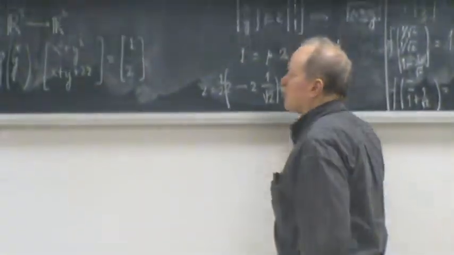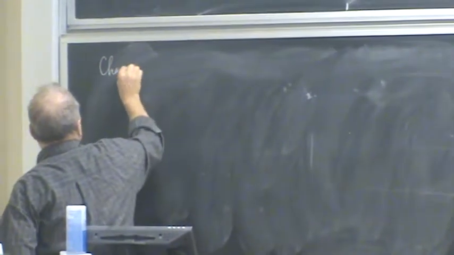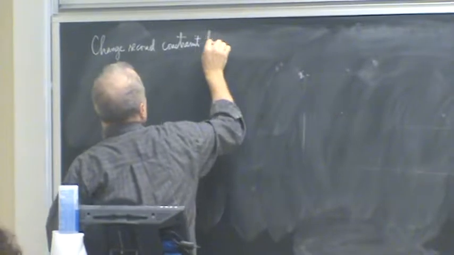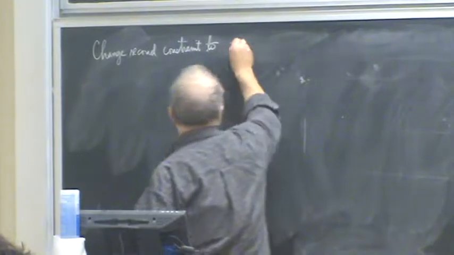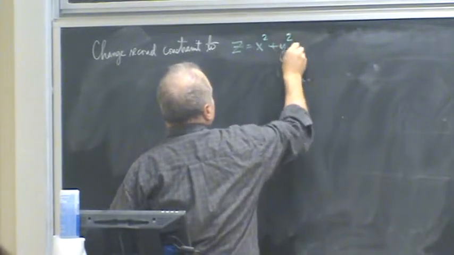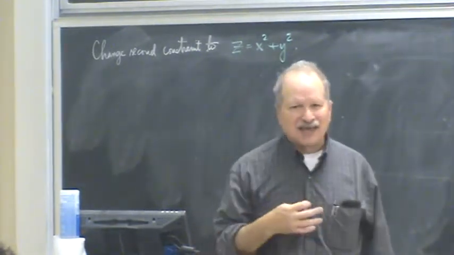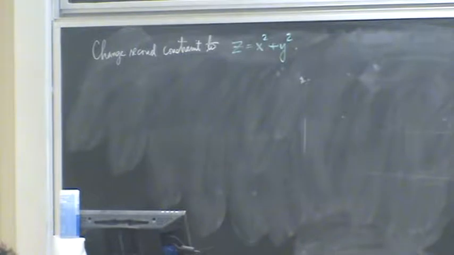So let's try it with a slightly more interesting version. Let's try instead a paraboloid. Change the second constraint to the equation z equals x squared plus y squared. So now, again, the calculus is done once I write down the gradient vectors, and then it's just a matter of doing algebra correctly.